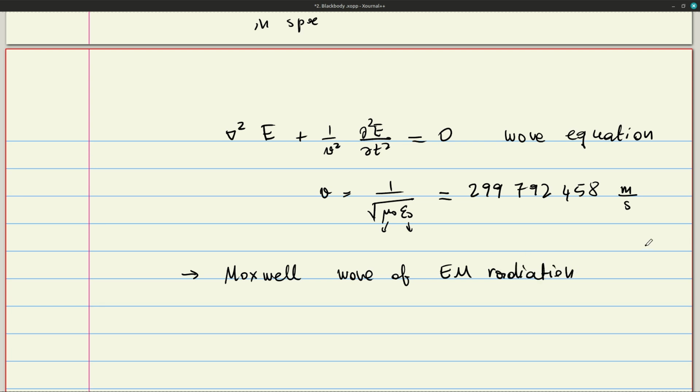And since the wave speed of this electromagnetic radiation is like this, which is the speed of light, it doesn't take a rocket scientist to figure out maybe these waves are light waves. These lights we see, maybe they are actually electromagnetic radiation. And I think this was suggested in the late 1800s. Any questions or comments so far?